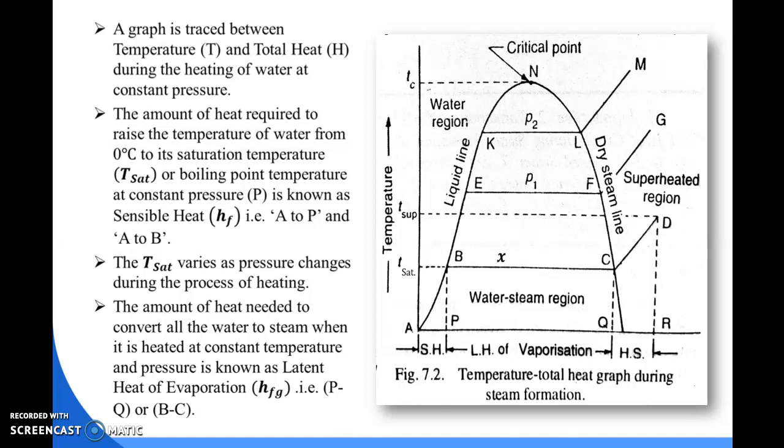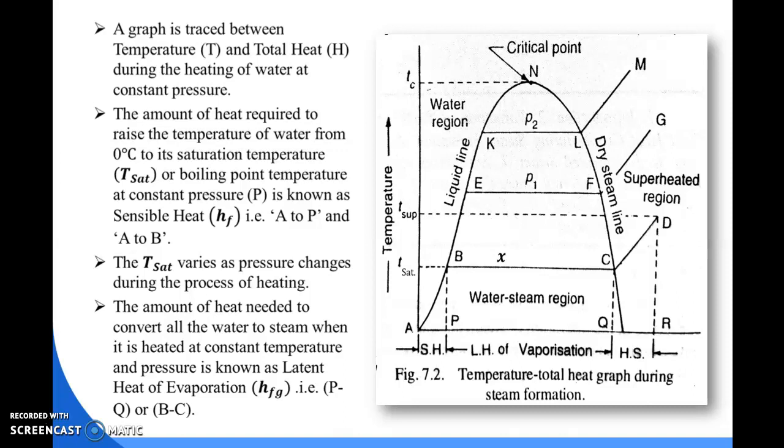So, a point will come at point N where the latent heat of evaporation, that is hfg, the value of BC, EF and KL gradually decreasing, will become 0. So, at point N, the value of the latent heat of evaporation is 0 and the temperature at that point is Tc.